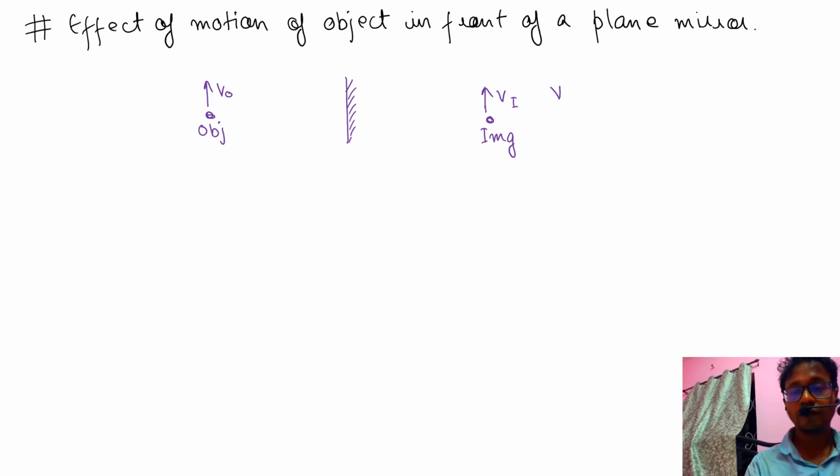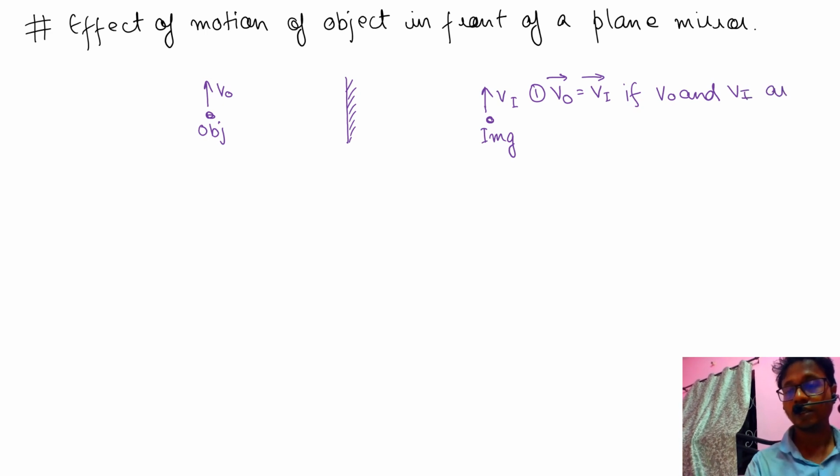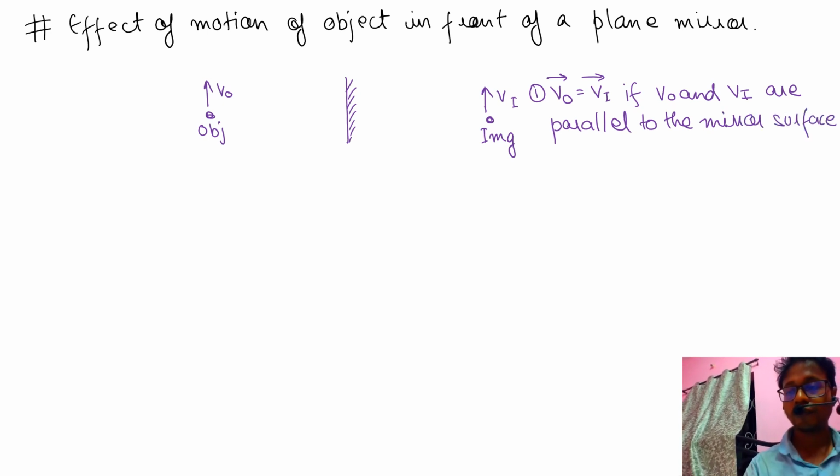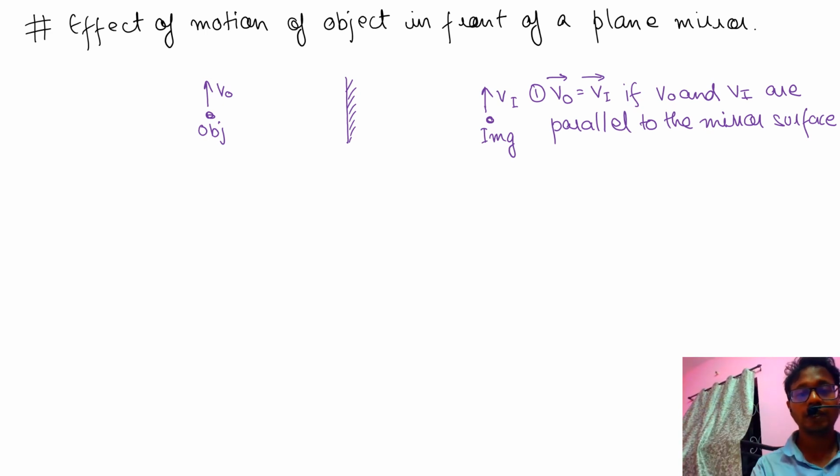Out here, VO is equal to VI, or VO vector is equal to VI vector, if the velocity of object and velocity of image are parallel to the mirror surface. Okay, this is case 1.